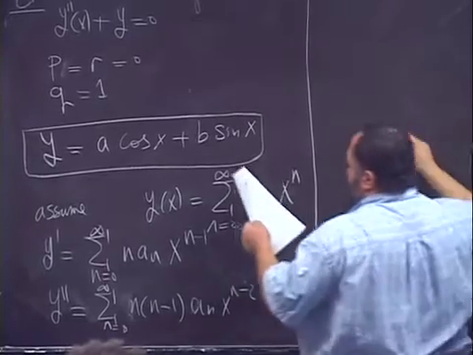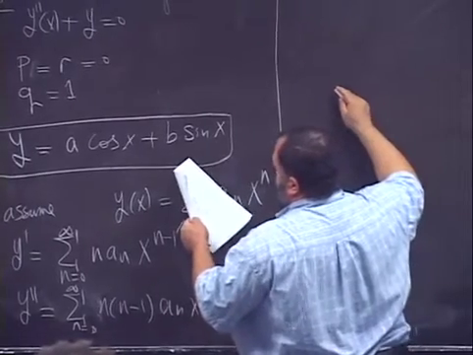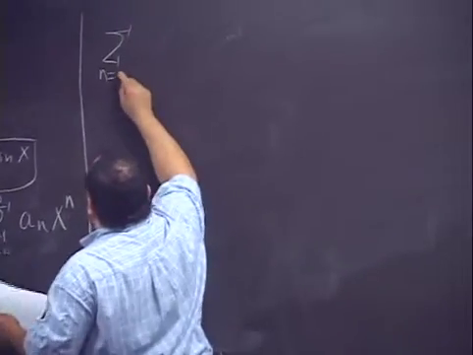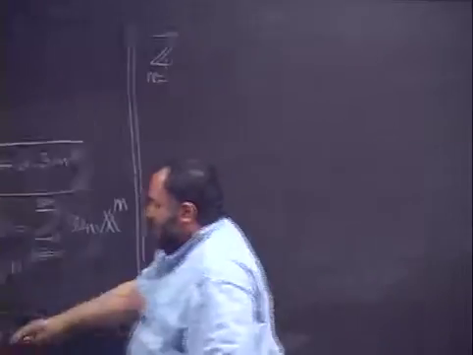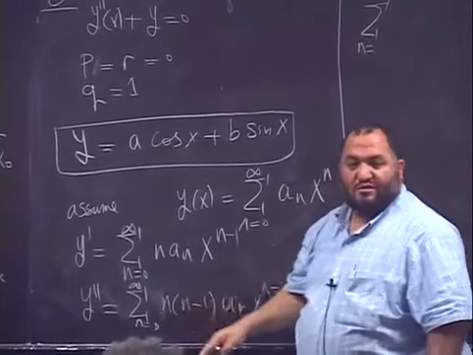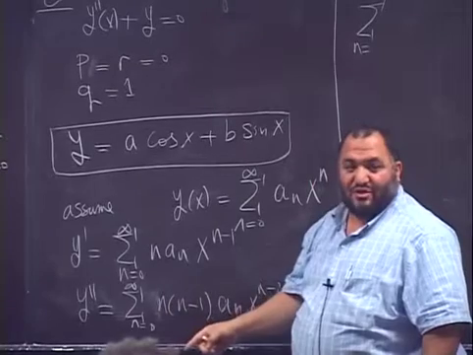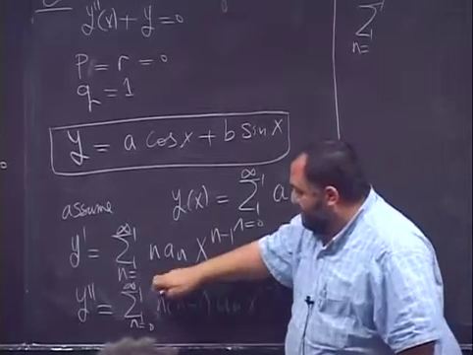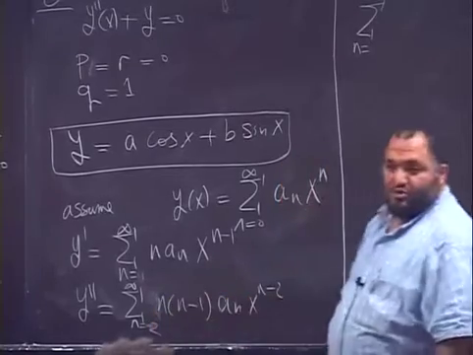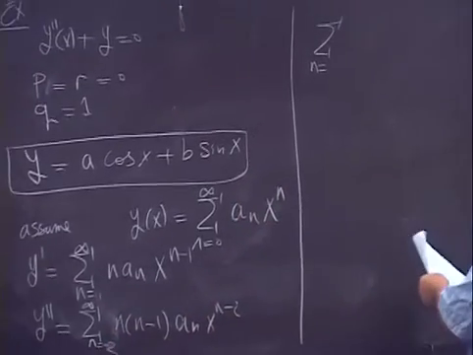So when you substitute, you will obtain the following summations, one from n equal to 0 and one from n equal to 0, but actually you will not start until n equal to what? 2. So we can put here n equal to 2, because the terms for 0 and 1 are just 0.